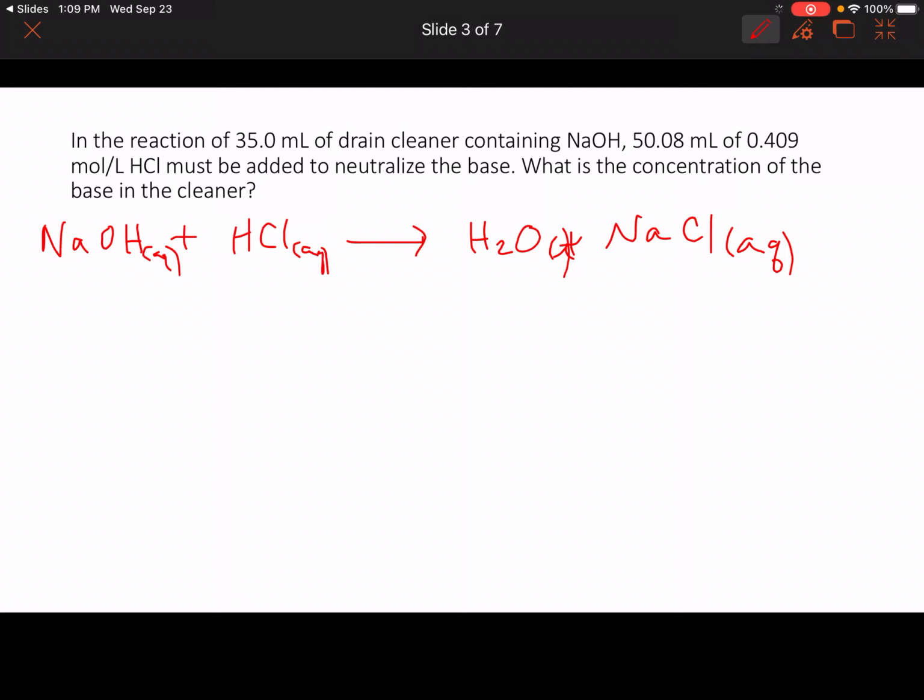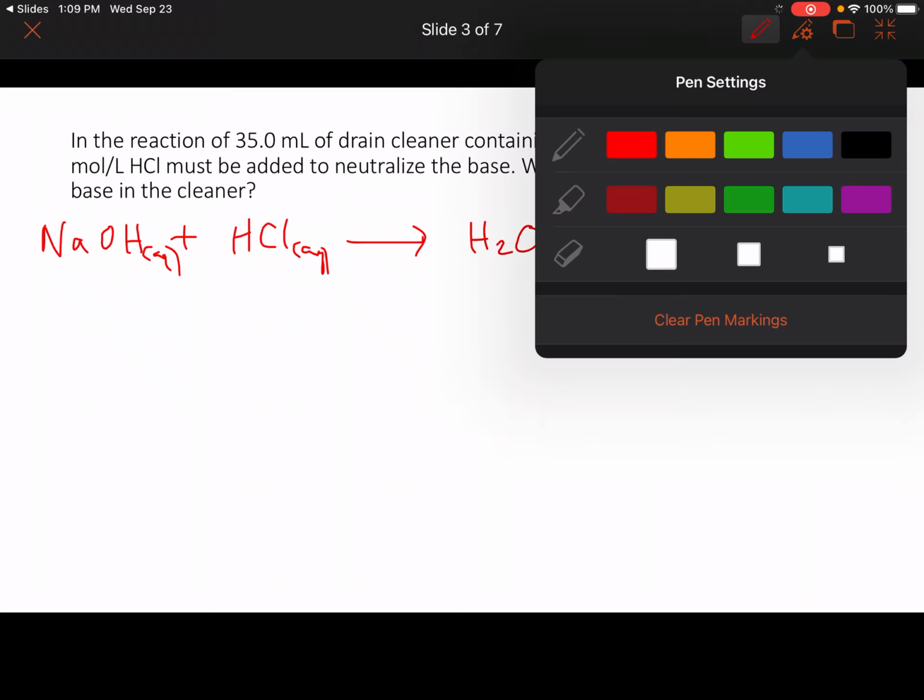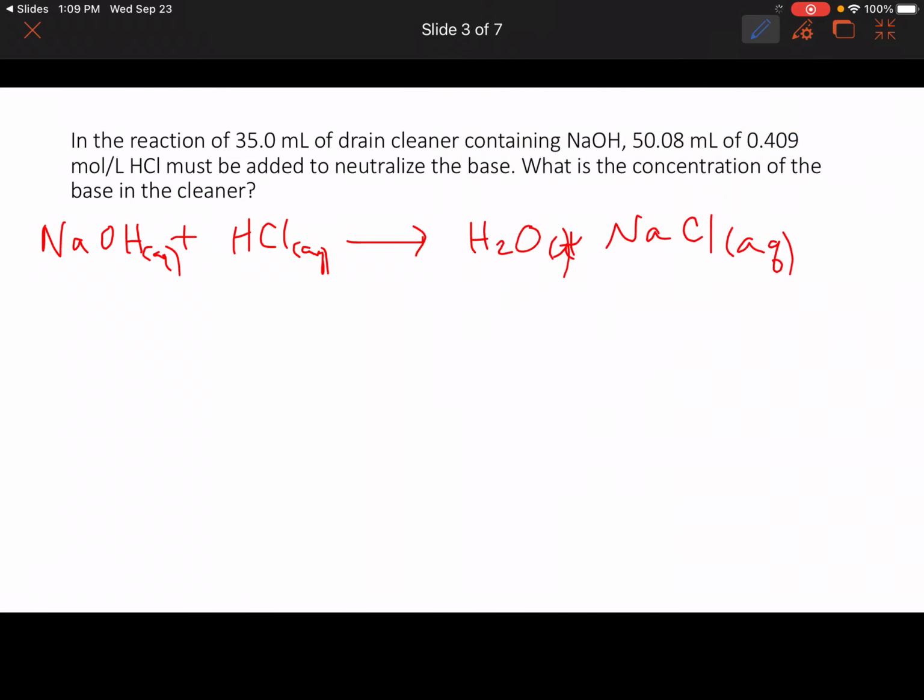Now, I like to organize my data, so I like to put what I know underneath the appropriate compound. I know that I've got 35 milliliters of the drain cleaner, but I'm going to worry about that later. I've got 50.08 milliliters of the hydrochloric acid, and I know the molarity of that is 0.409 molar.